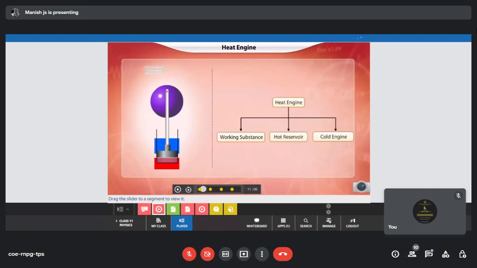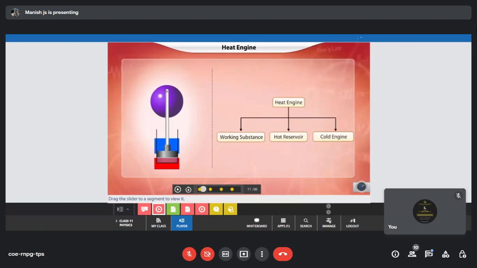So hot reservoir, in the heat engine, for example, let us take the engine of an automobile. There you see there is an engine inside, a heat engine. The hot reservoir is the area where the fuel burns, where the fuel combustion happens. We talk about it as a hot reservoir.